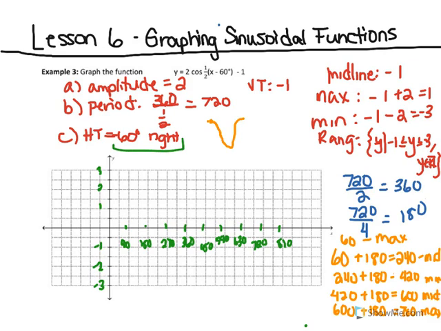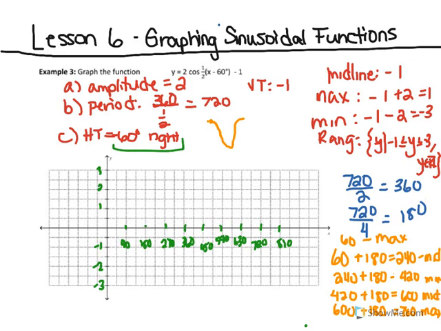So we're going to plot this, and our first point is at 60 degrees. So the most important thing is that when you plot your 60 degrees, it's the same consistently, because it's not exactly on a spot. It's going to be somewhere between 45 and 90. So our maximum is 1.